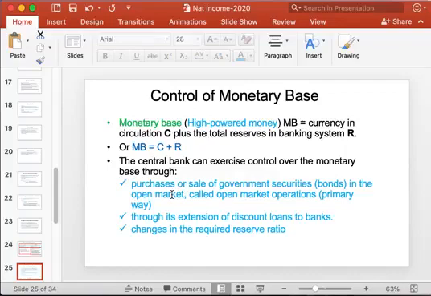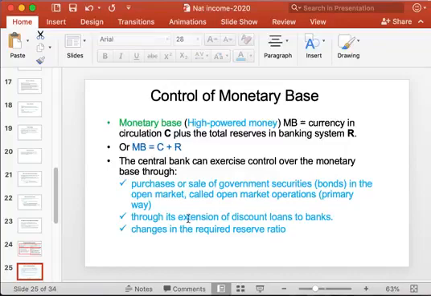Whereas if the government purchases the government securities or bonds from the general public or the depositories, then the government is actually pumping in money into the economy in exchange with the government securities or bonds.